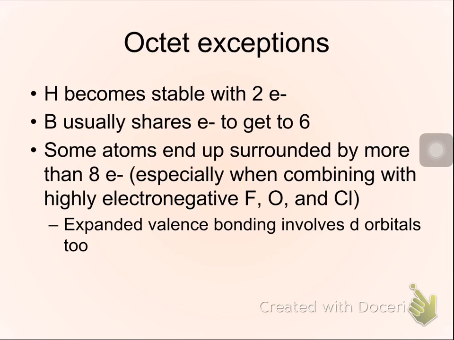There are some atoms that can actually end up surrounded by a lot more than 8 electrons and be okay with it and still feel stable. And it usually is related to what they're bonded to. If they're bonded to something that's kind of pulling some of the electron cloud off of them, that helps. And we call it expanded valence bonding. It happens in things that have got some D subshells where they can engage those.